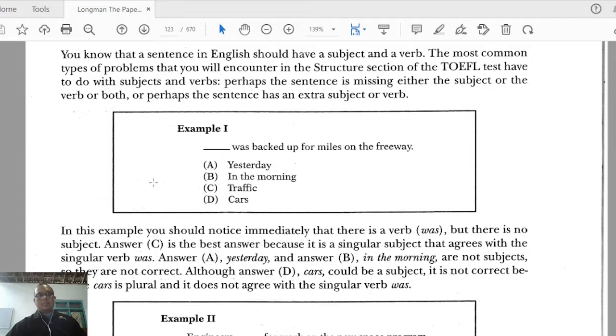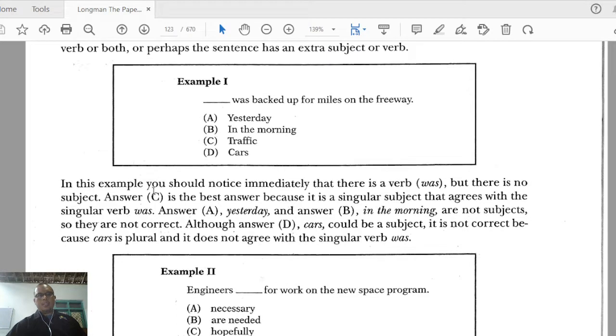"___ was backed up for miles on the freeway." Okay, so in this example, you should notice immediately that there is a verb, was, but there is no subject. Answer C is the best answer because it is a singular subject that agrees with the singular verb was.